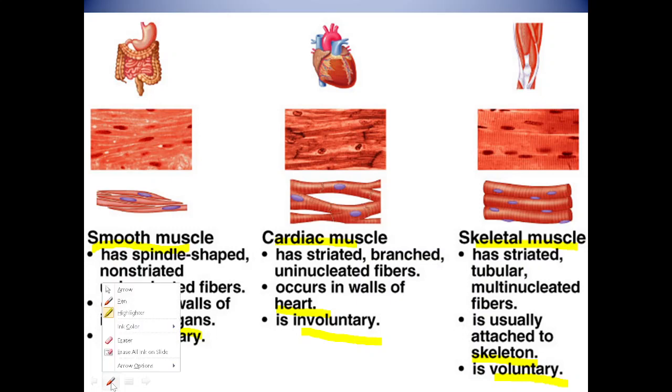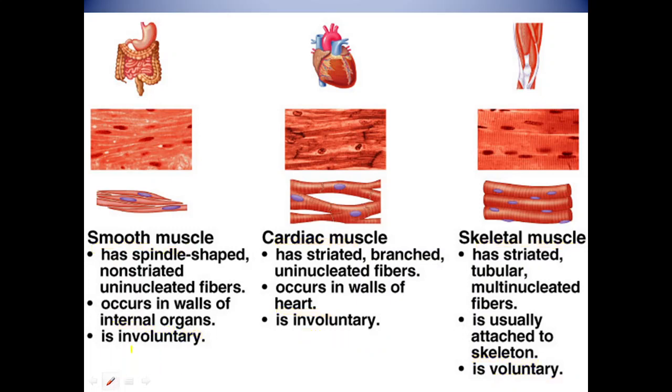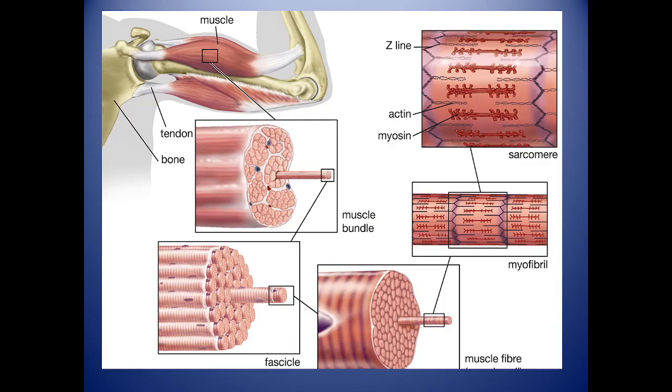So now, today we will try to understand the functioning of these skeletal muscles, how actually skeletal muscles work, how the movement takes place. Before going into the details of how the movement takes place, we have to further understand the anatomy of the skeletal muscles.